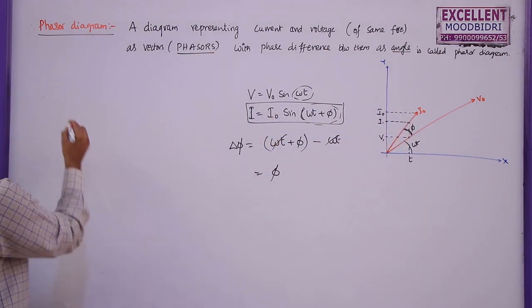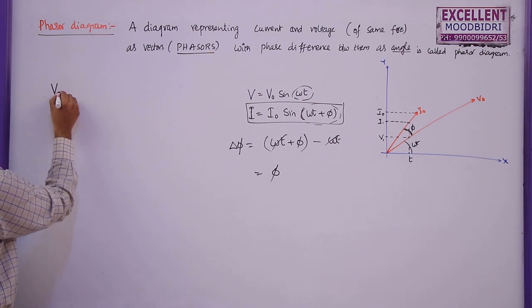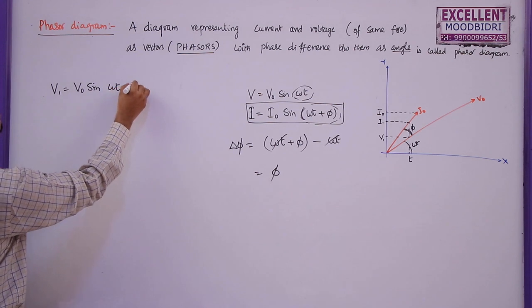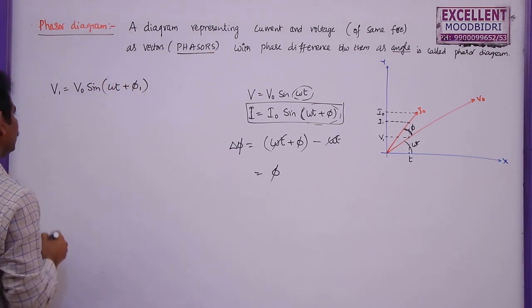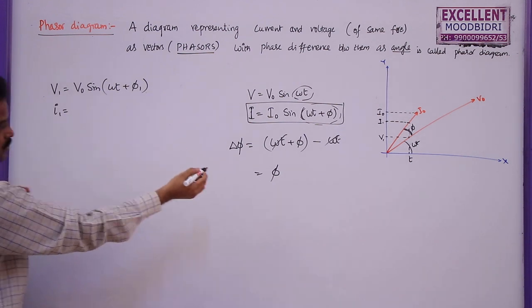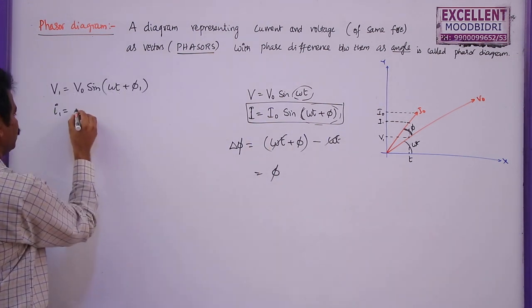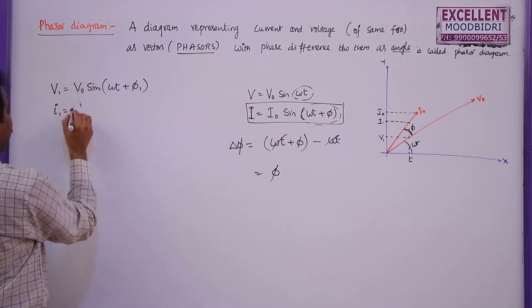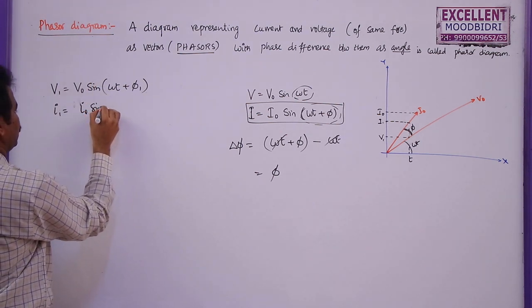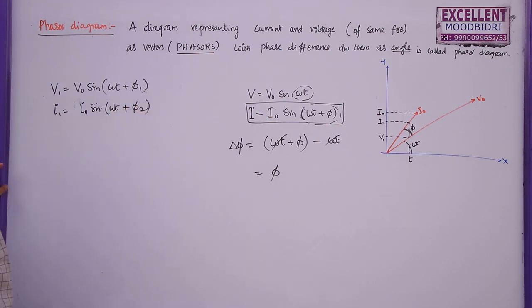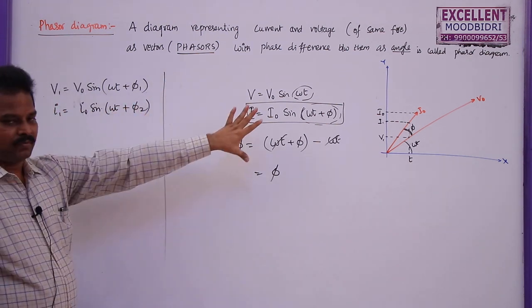Similarly, in some cases, let us say the voltage V1 is given as V naught sine omega t plus phi 1, and the current I1 at the same time is I naught sine omega t plus phi 2. This is an entirely different value, not from this diagram.